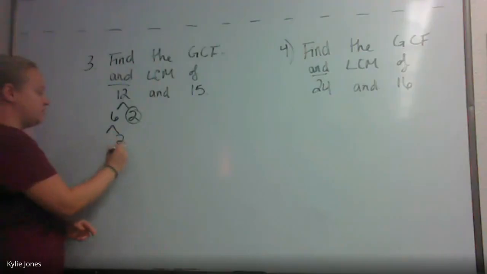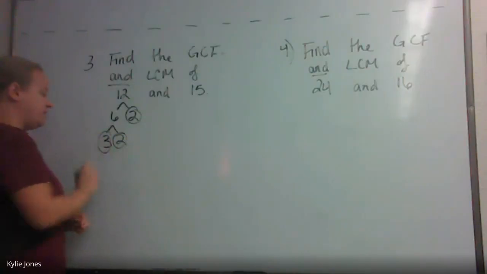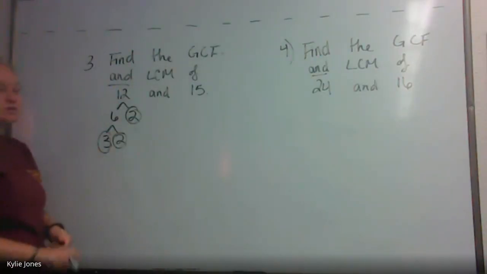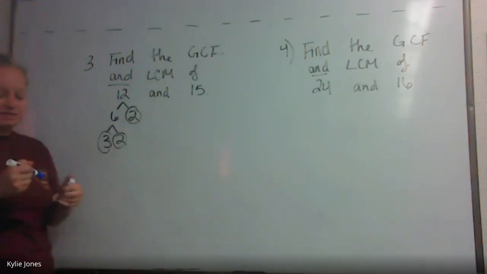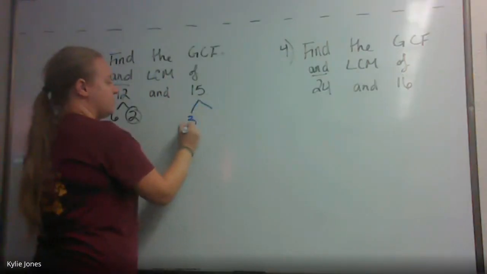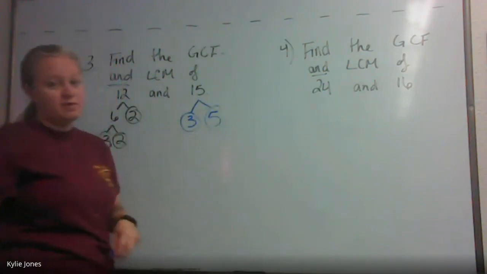We can circle the 2. Is 3 prime? Yep. So we can circle that one. We have all of our numbers circled. Now let's look at 15. What numbers multiply into 15? 3 and 5. We know 3 is prime. And Charlie just said that 5 is prime, and he is correct.